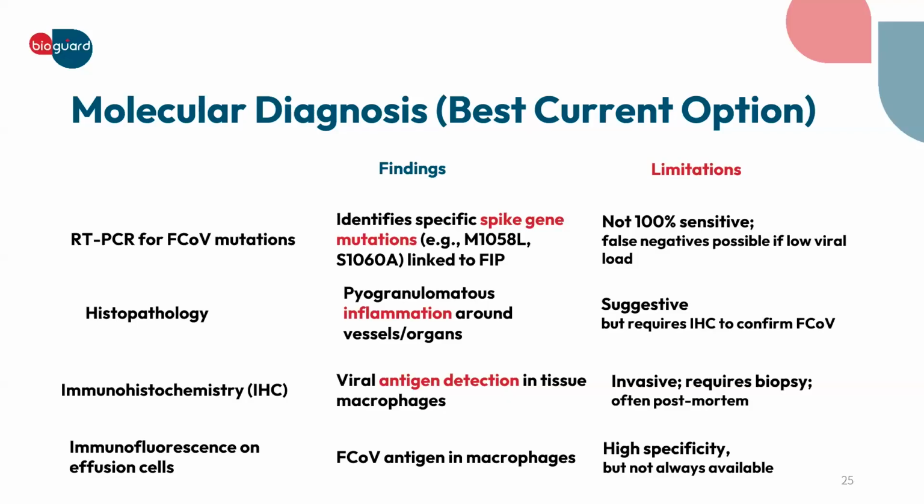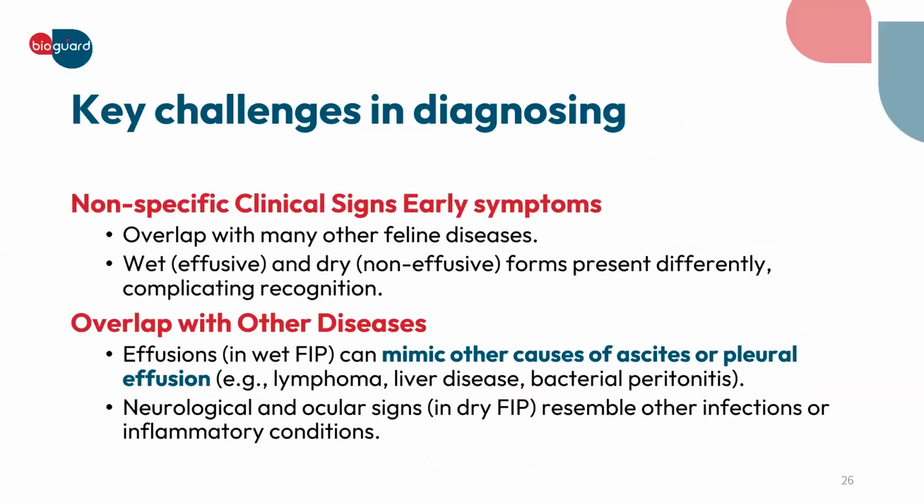This test can be very specific, but not all reference labs offer it. So that's why, as I say, all these advanced tests are not very familiar or used by vets directly. Either the reference lab can offer them, or they can find out whether these tests can possibly be done around them or not.